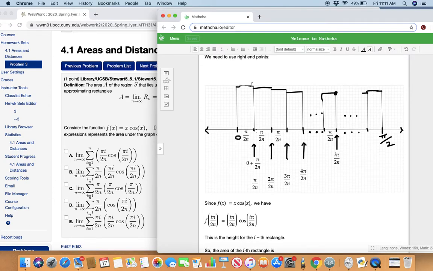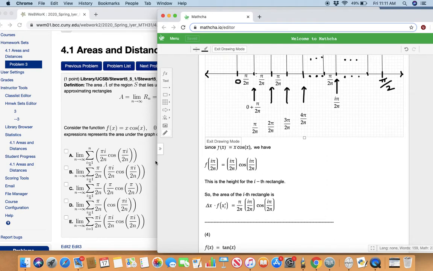Well, as of now, my curve looks something like this. But if my rectangles are too fat, then they don't give me a good approximation. So I need thinner and thinner rectangles, which means I need many, many more cut points. That's why the limit as n approaches infinity.